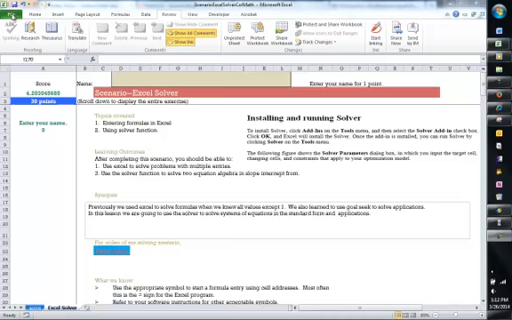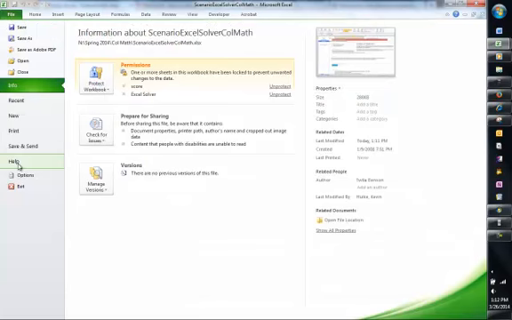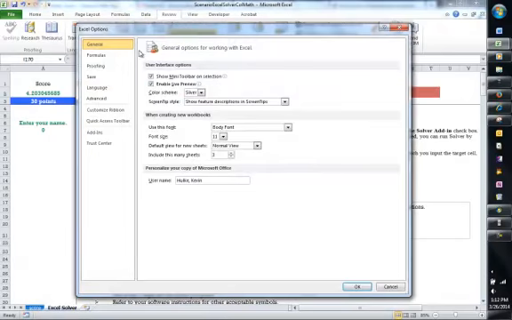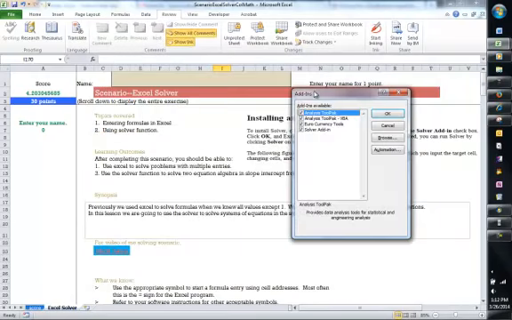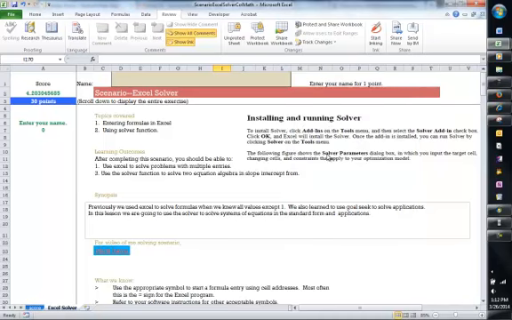To install it, you go to File, Options, Add-ins, Excel Add-ins, Go, and if you notice, Solver is one of the things that we're going to add. So that's how you go about adding the Solver function to your computer.